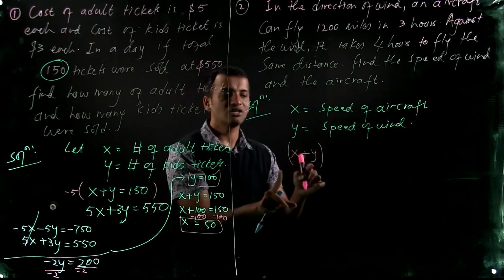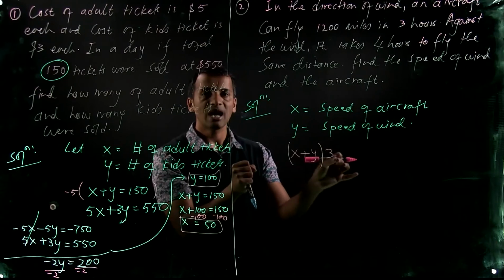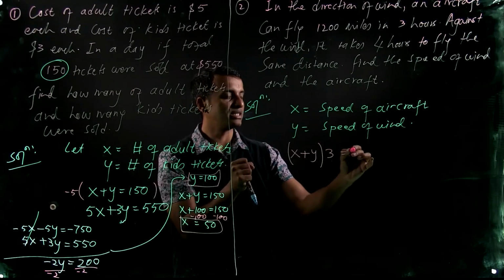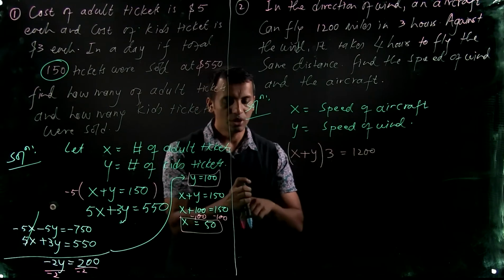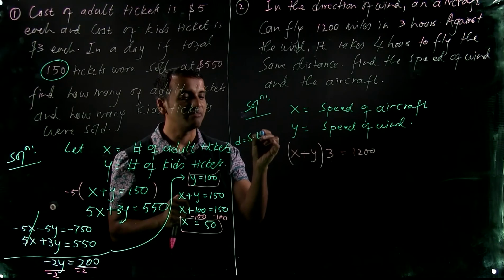How many hours does it take? It takes 3 hours. So speed times time equals the total distance covered, so it is 1200. The formula we used here is distance covered equals speed times the time taken.